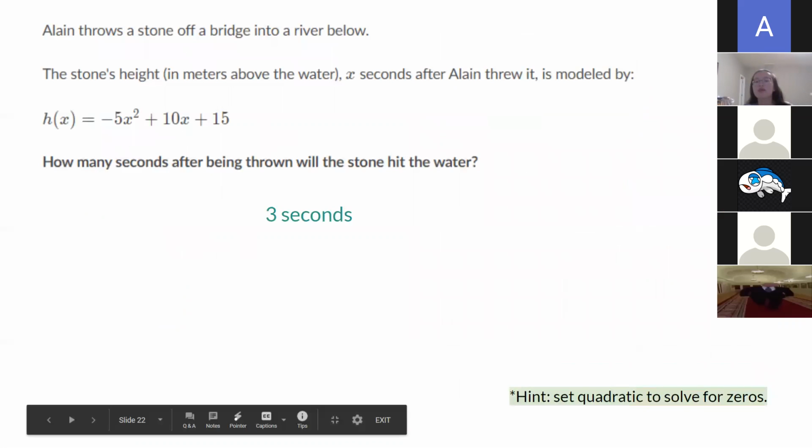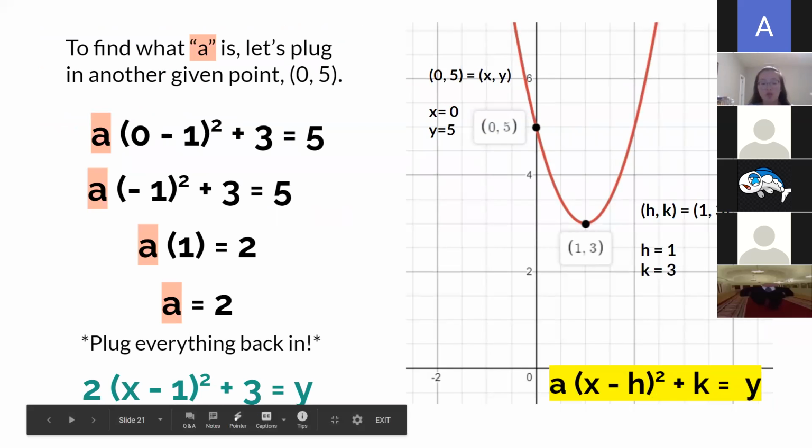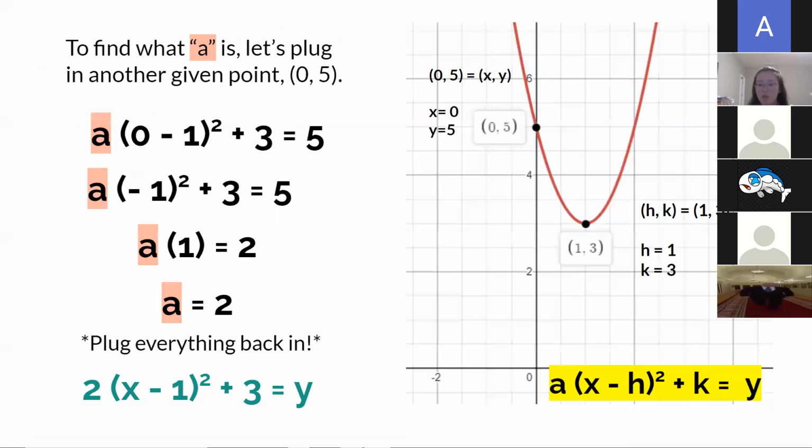Another thing you can do with quadratics is word problems. Does everybody feel comfortable with quadratics? I don't want to move on to word problems if you don't really understand how they work.